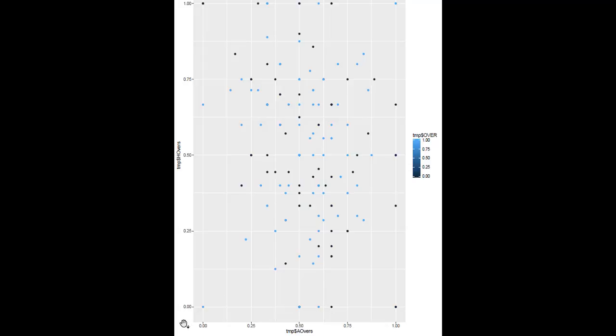The X and Y coordinate are set by how often the home and the away team have overs, but we're also able to set the color. In fact, we can also set the size of the dot. So, there are multiple features that we have control over.